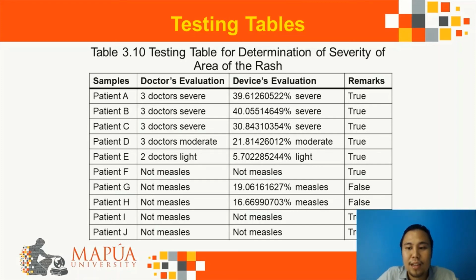The device correctly classified the severity of patients A, B, C, D, E, F, I, and J. The device incorrectly classified the severity of patients G and H. Patients G and H are not measles, but the device evaluated them as measles with 19.06% and 16.66% area ratio.